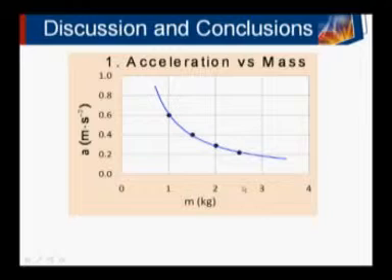If we take the points from the experiment and plot them in the graph, that is acceleration versus mass of the trolley, we can see clearly that as the mass of the trolley was increased, so the acceleration decreased.